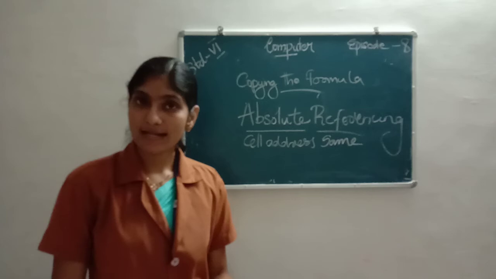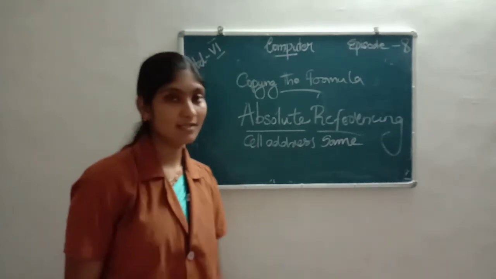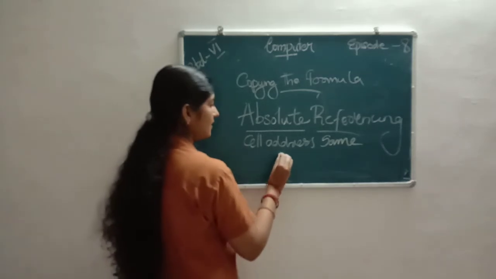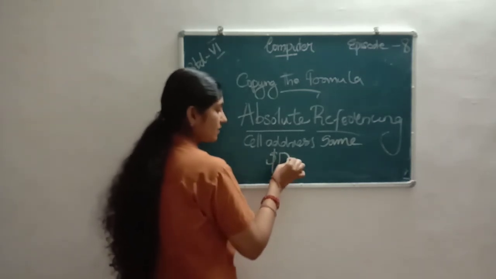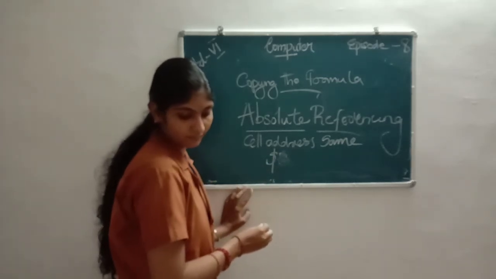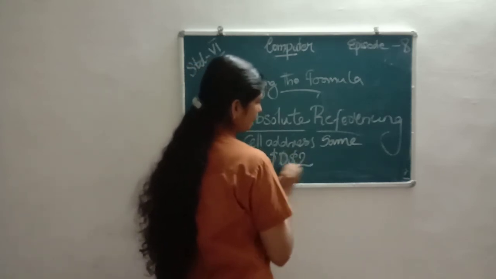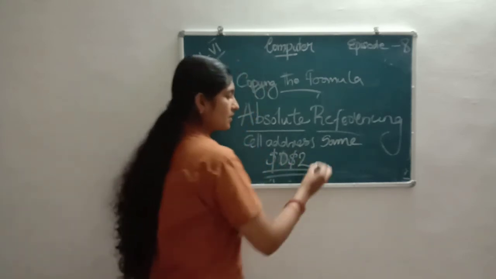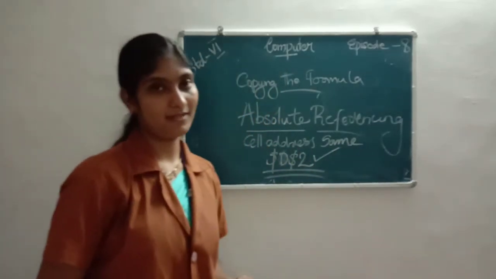To make a cell address absolute, add a dollar sign before the row and column address. Just a dollar sign before the row and column address. That represents absolute referencing.